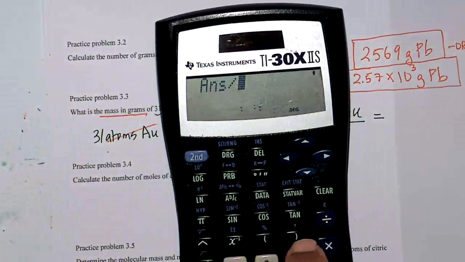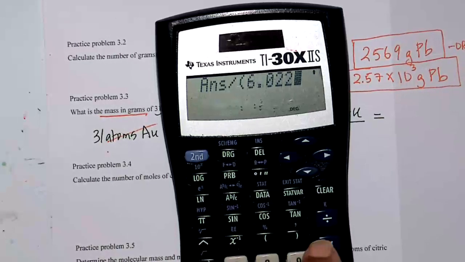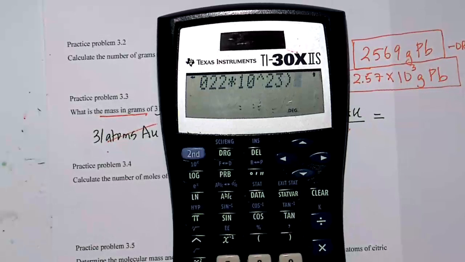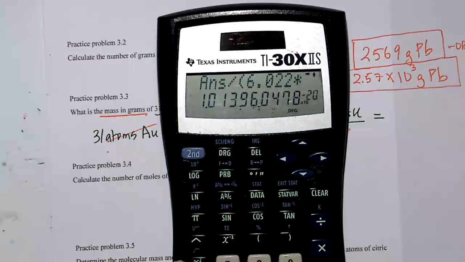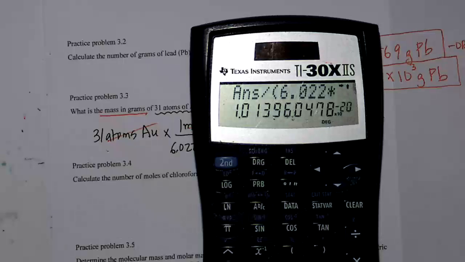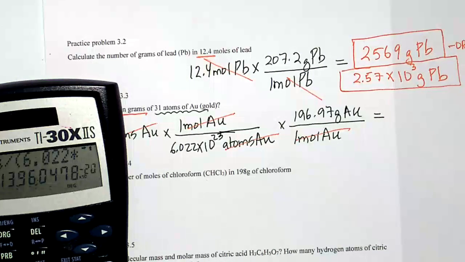Divided by Avogadro's number. So divided, I put parentheses, 6.022 times 10 to the 23rd. Close those parentheses. 1.01 times 10 to the minus 20 grams. And this is our answer.